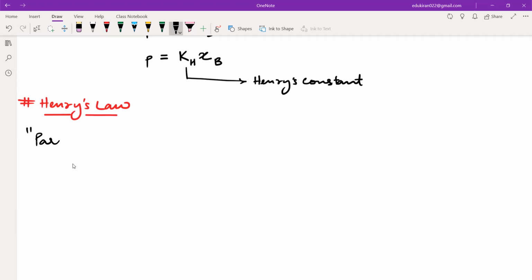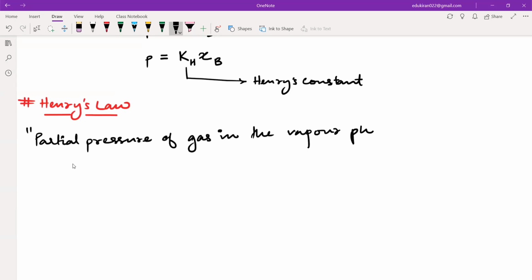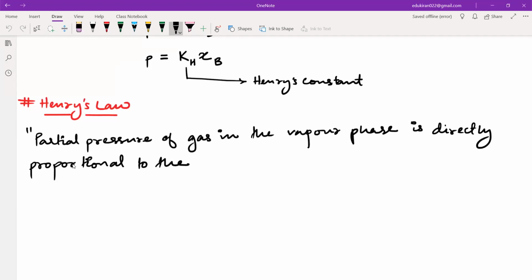Partial pressure of gas in the vapor phase is directly proportional to the mole fraction of gas in the solution.